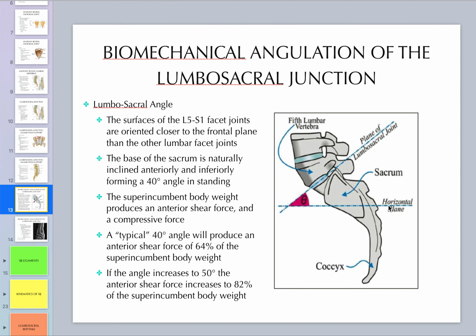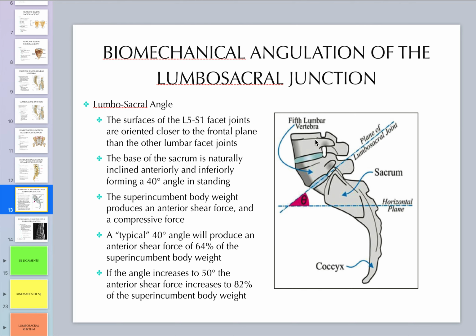But the base of the sacrum is naturally inclined anteriorly, right? You can see how the base is slightly more anterior than the vertebra right here. And this anterior inferior orientation of the sacrum forms the 40-degree angle in standing at the L5 and S1 junction.